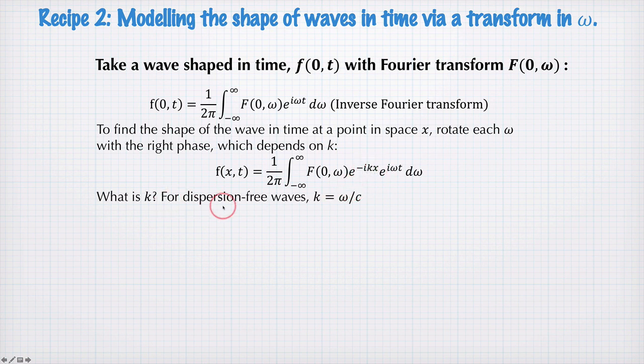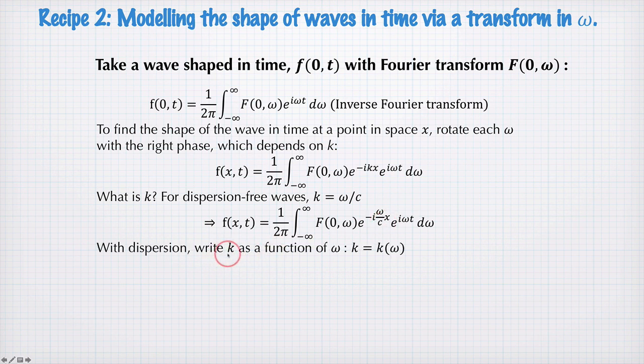What's k? Well, for dispersion-free waves, k is equal to omega divided by c. So we could write f of x and t in a dispersion-free case as this integral here, where we're integrating over d omega, and this is a complex exponential giving a phase shift which is linear in omega.